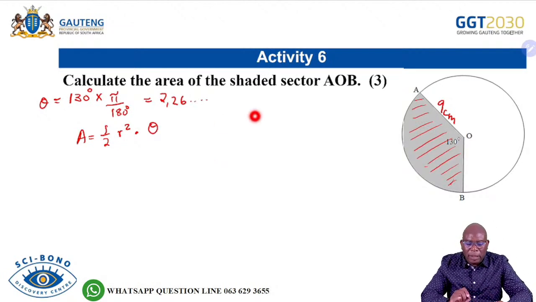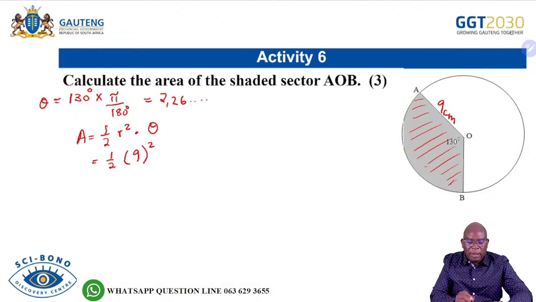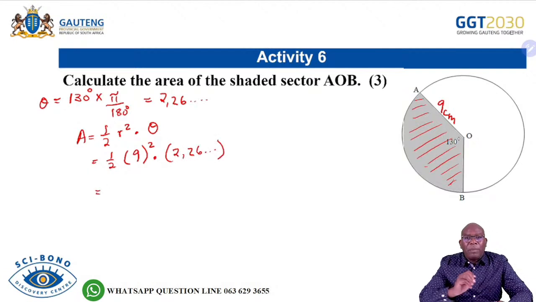Remember, as I said, that will be in radians. So I'm going to have half, what is the radius? 9 centimeters squared. Then multiply by my radians, which is 2,26. I've already multiplied that. So remember to keep all the decimals so that you don't round off everywhere. Then I'm going to multiply that by 9 squared, and then multiply this by half.